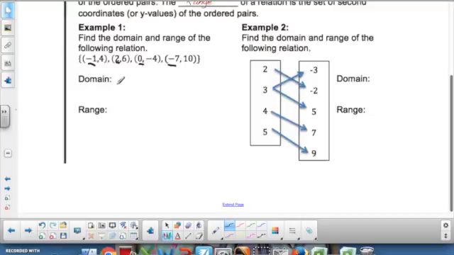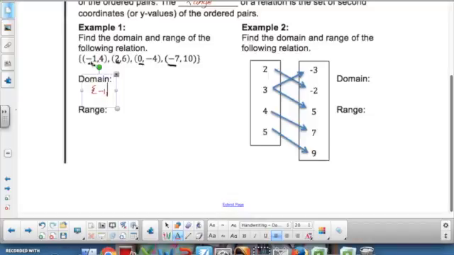Usually we write that with a pretty set of brackets, which I am horrible at drawing. You know what? In fact, I should probably just type it because I'm really, really bad at drawing those. So let's just type those. So my domain is going to be -1 because I have that -1 there.